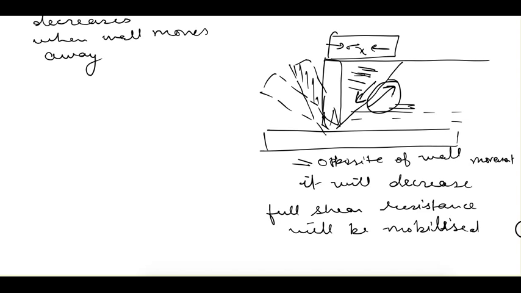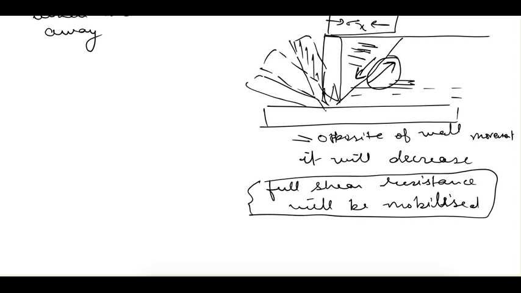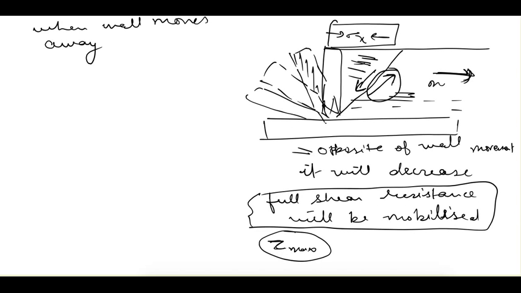So after this point, even if the wall moves further, the soil does not have any more resistance. This was the full resistance, let's denote it with tau max. This was the full resistance that the soil could show, the maximum opposing force that the soil could offer.